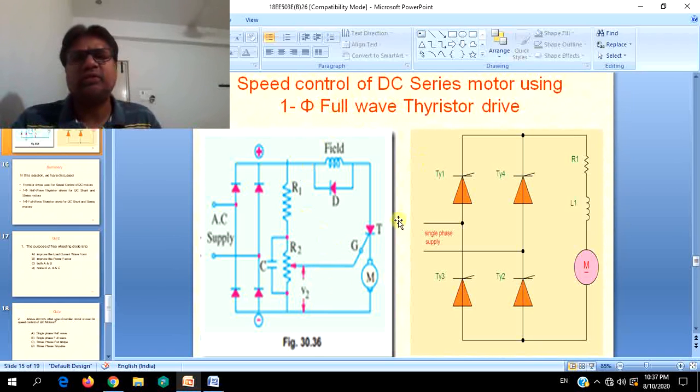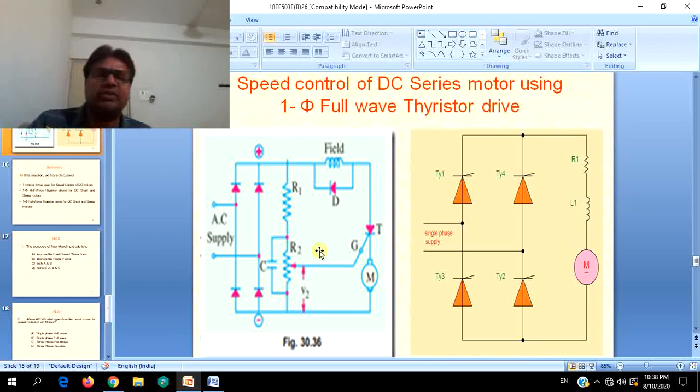This is a single phase full wave thyristor drive, where a similar diode bridge, which we discussed for the case of shunt motors, is used over here. Its output goes to the series field as well as the armature. The SCR is turned on by a triggering pulse by tuning of this potential divider circuit and capacitor. And in each half cycle, this SCR will be triggered. The same things will follow what we have discussed in the previous case.